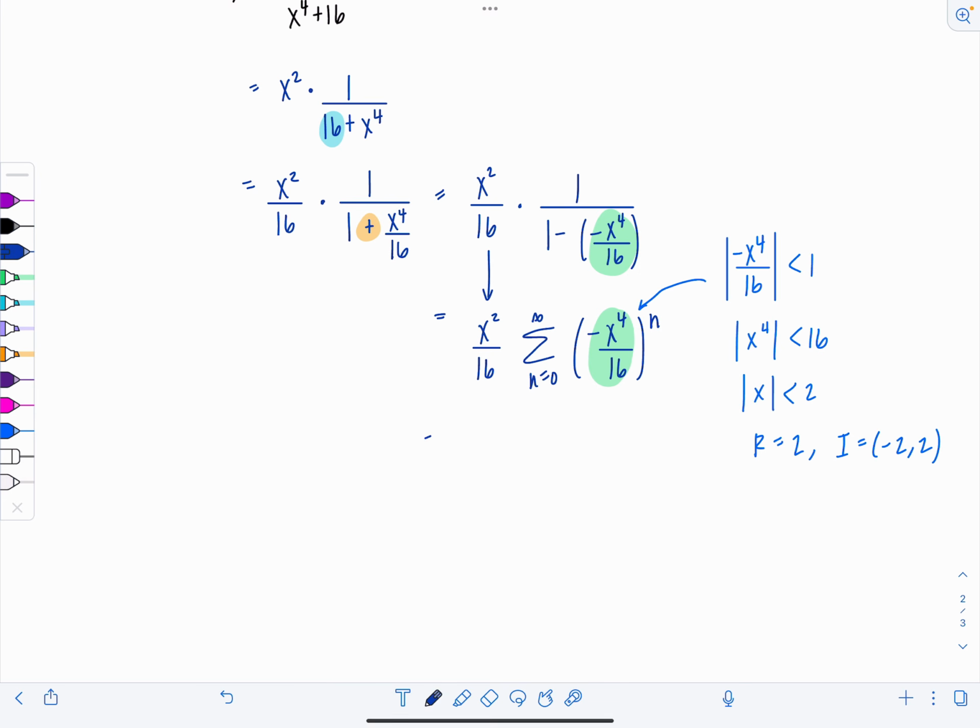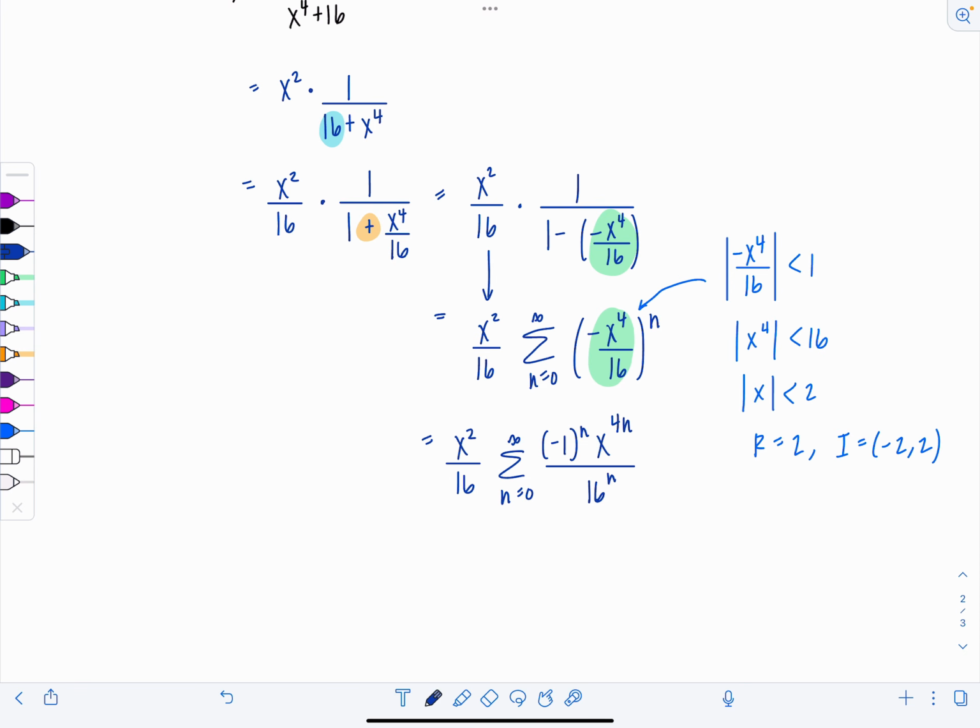All right, now let's clean up. So x squared over 16, sum n equals 0 to infinity. Now distribute the power of n to this negative, to x to the fourth, and to 16. So you're going to have -1 to the n, x to the 4n, over 16 to the n.